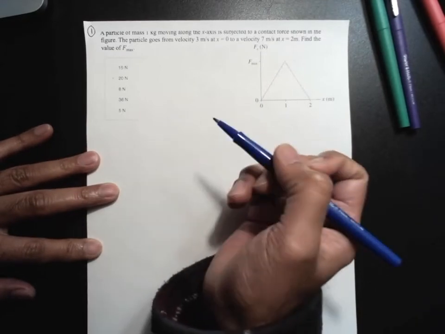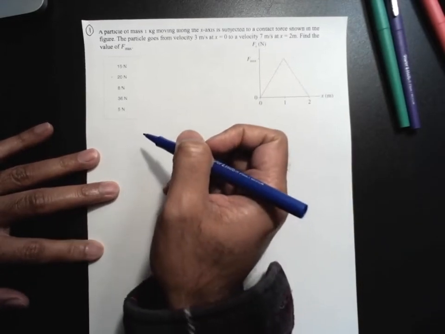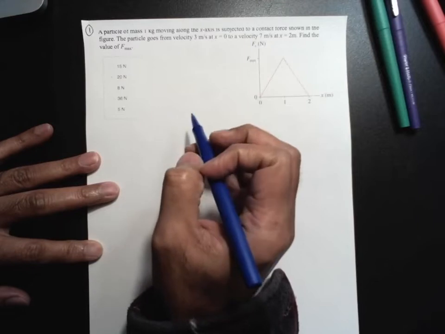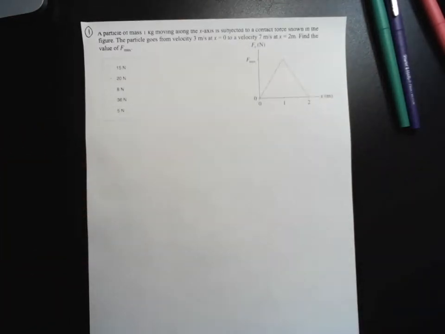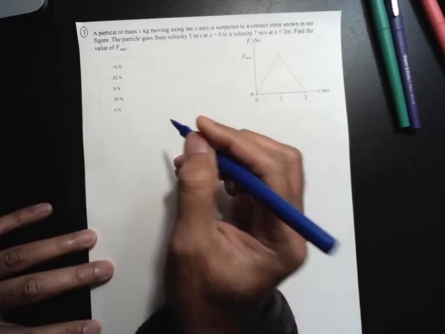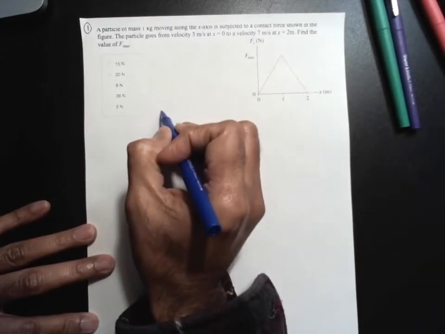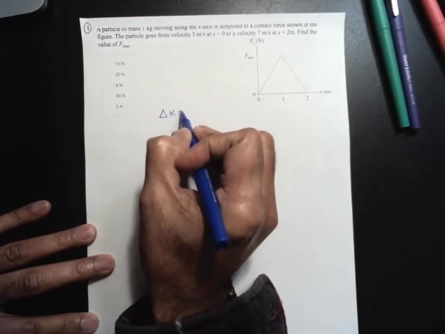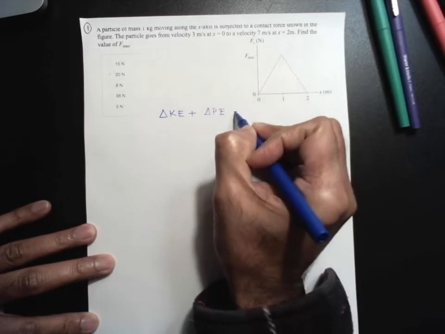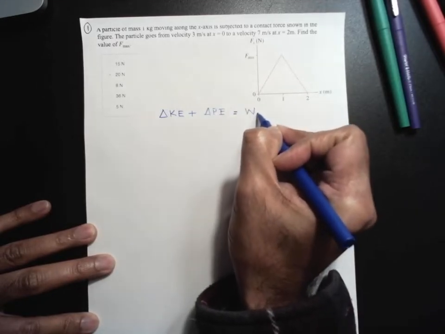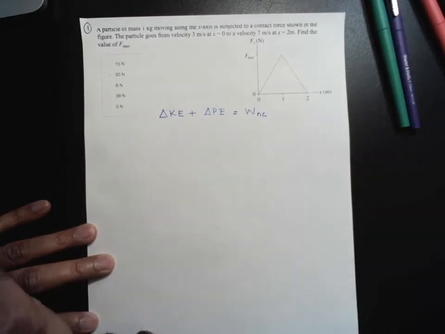Whenever we say conservation of energy in this course, we mean conservation of mechanical energy. It's always change in kinetic energy plus change in potential energy equals the work done by non-conservative forces.